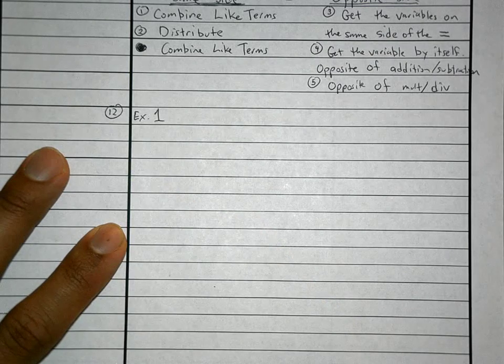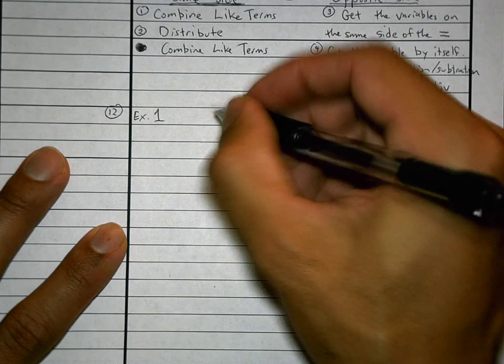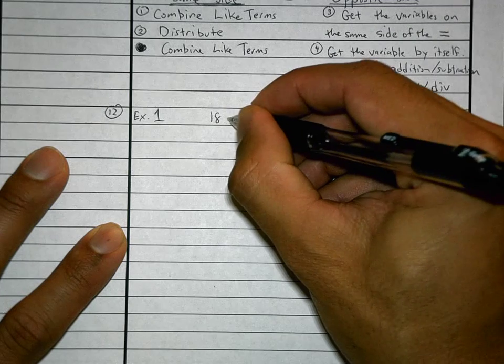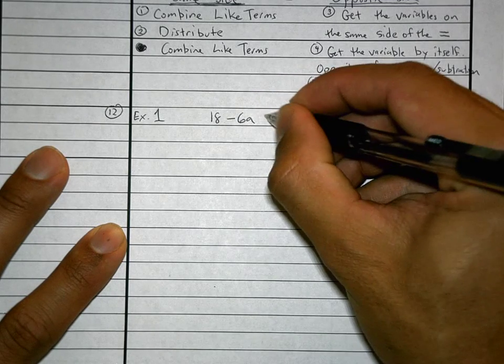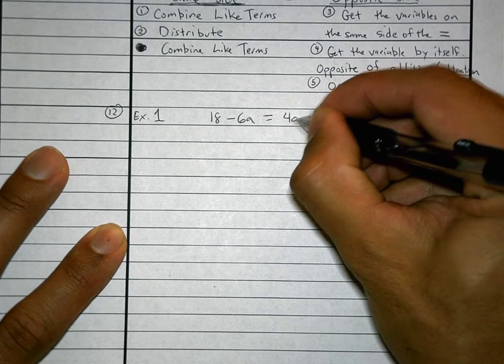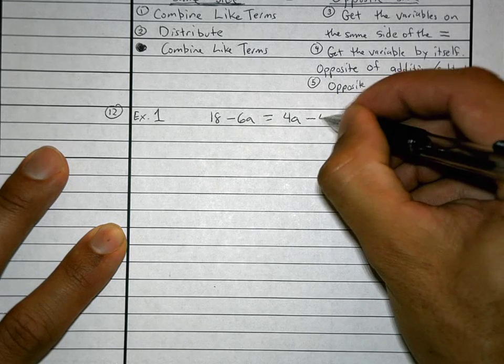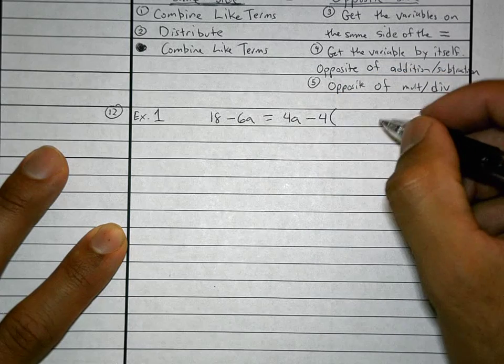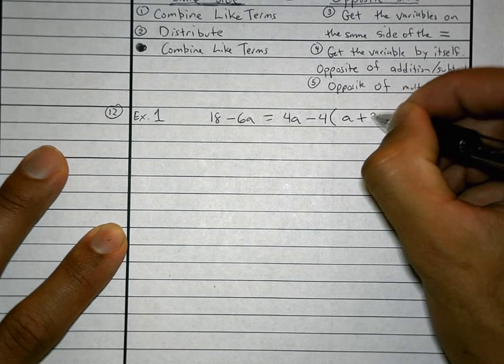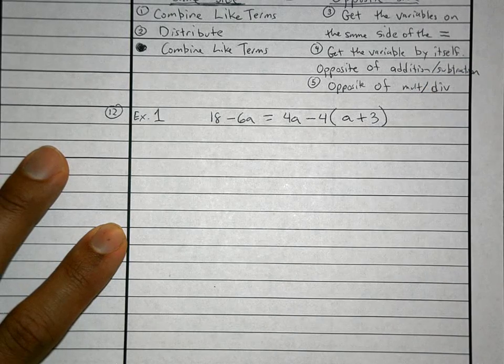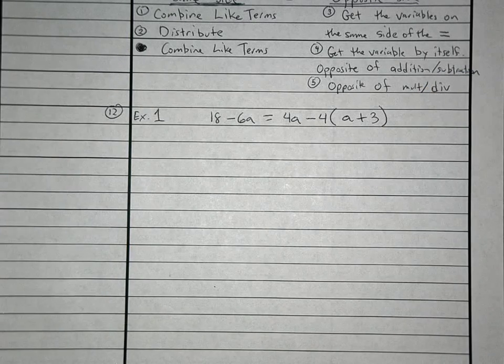Okay. And example 1 says 18 minus 6a equals 4a minus 4 parentheses a plus 3 end of parenthesis. I'll give you time to write that down.